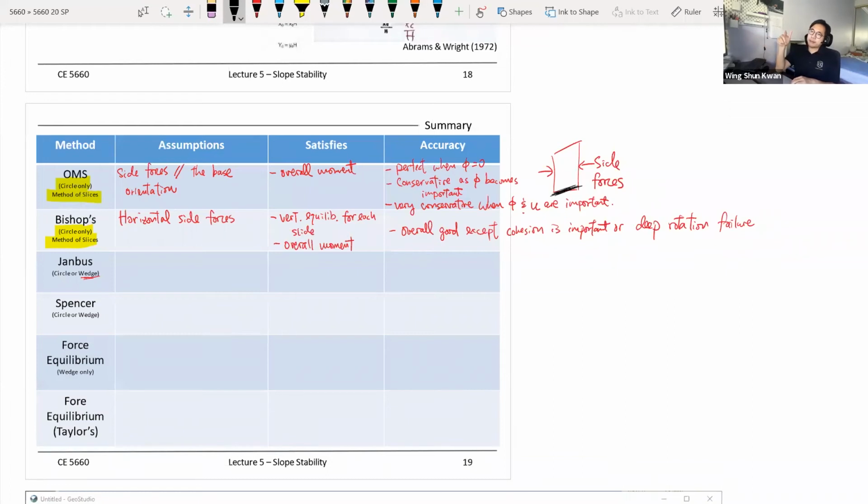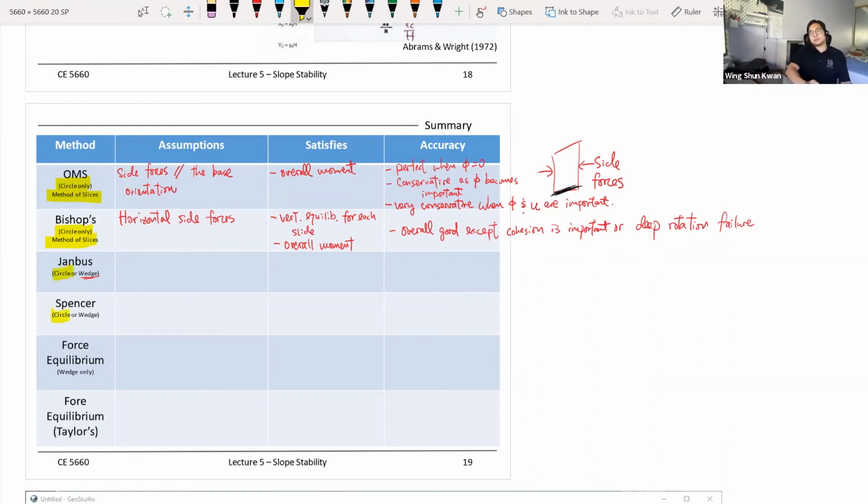Those two methods only satisfy the circular slip surface. And why not, let's finish this table while we are here. So for the circular method, we are still talking about the circular method.